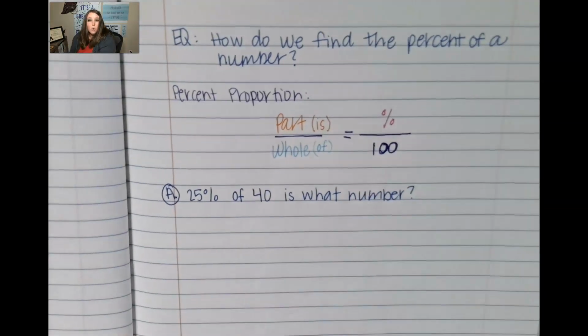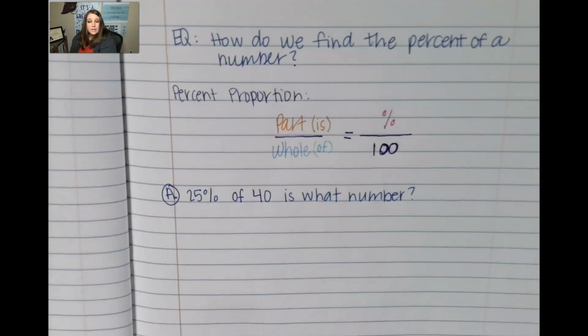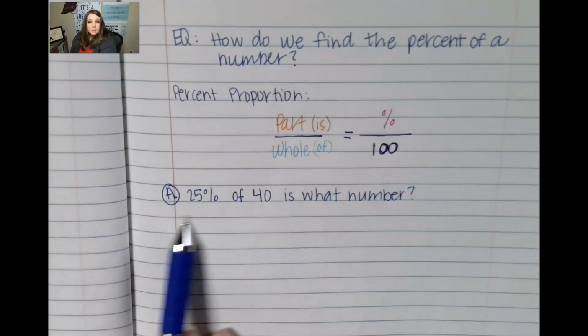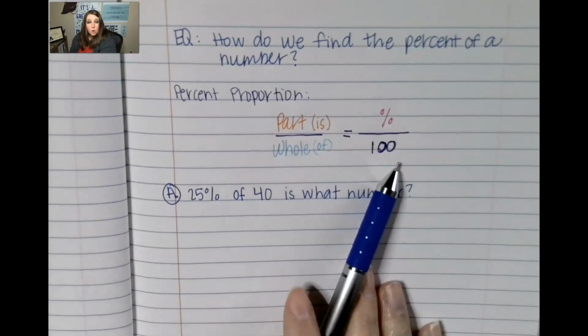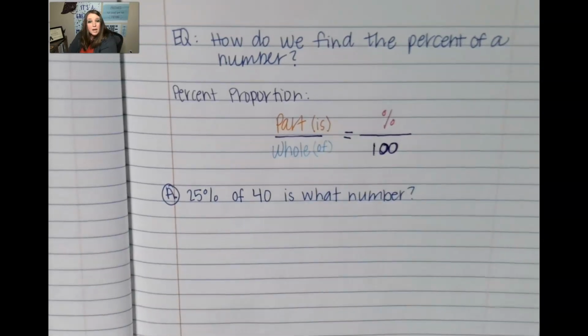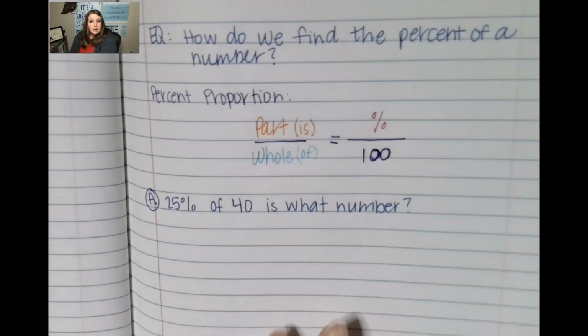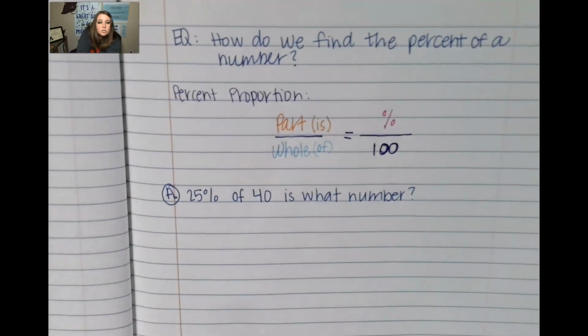All right, so we have 3 parts to this sentence, or 3 parts of this proportion. 100 is always there, so we're going to box up this sentence here, and I'm going to show you just how to do that.